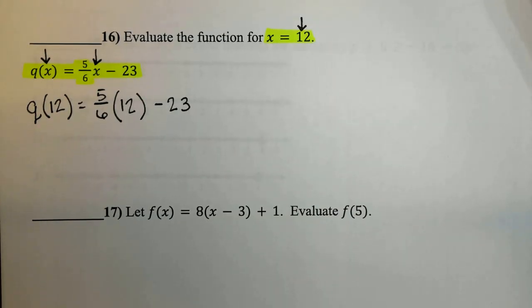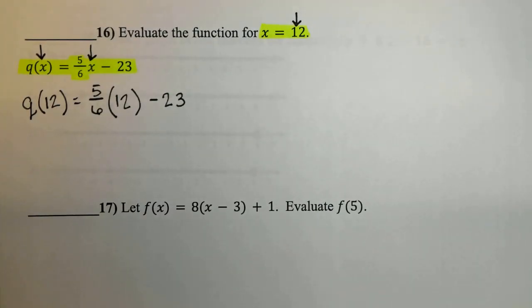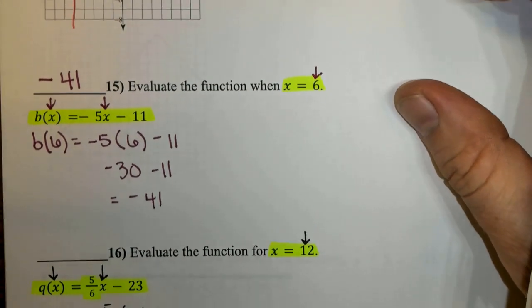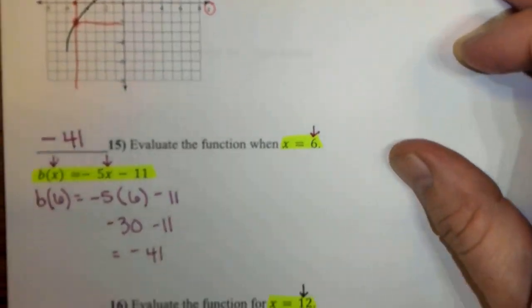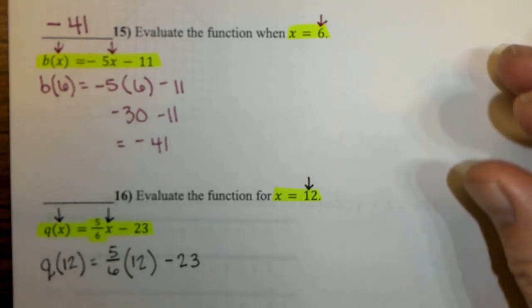Now again, you can type this in the calculator, and if you have one or are able to, I would practice, because if you type this in wrong, you will get the wrong answer. And notice there are no multiple choice options for this question, so you have no help. You can't tell if you type it in wrong or if you make a mistake. Although I will tell you that so far, since this one was -41 and this one was -2, I'm not saying the answers are going to be negative on the test, but they are not decimals.